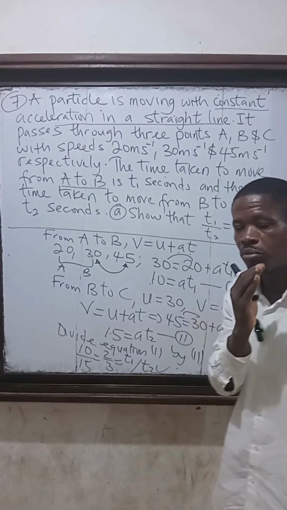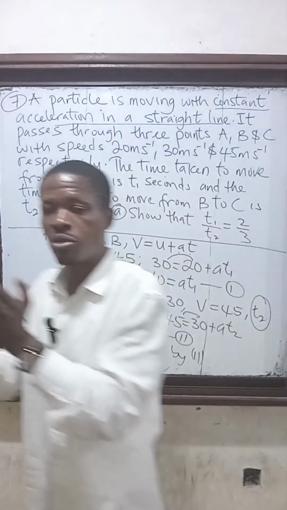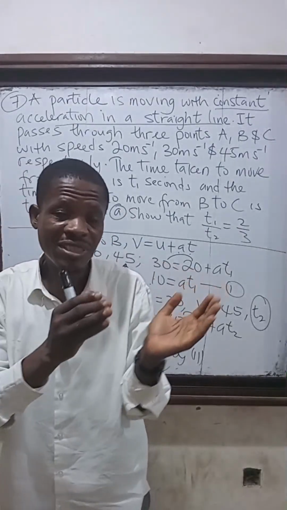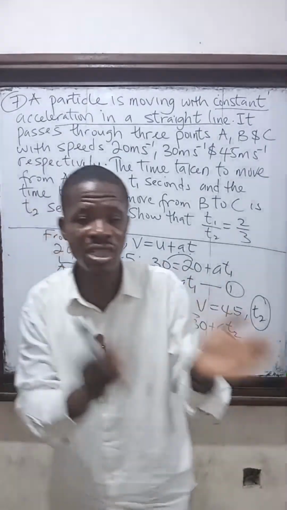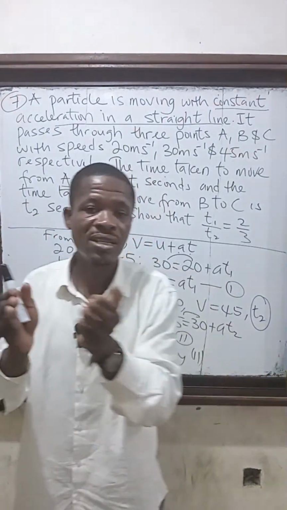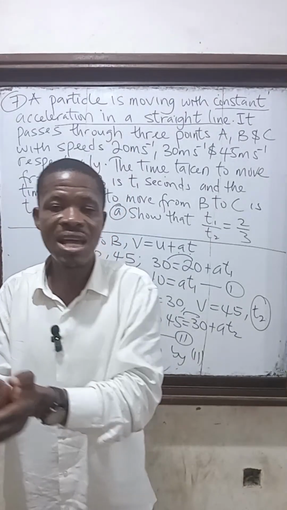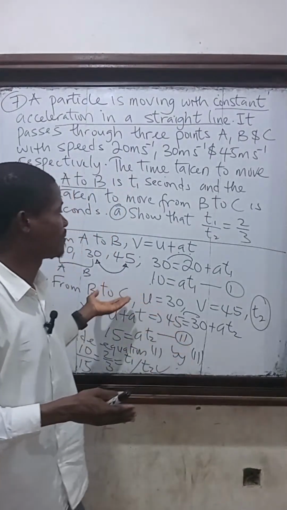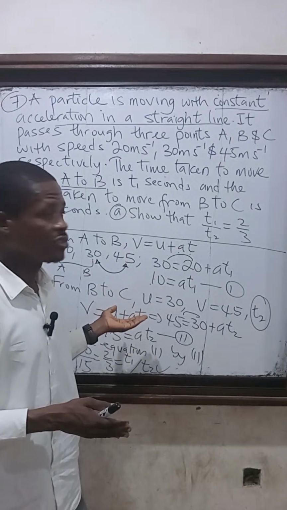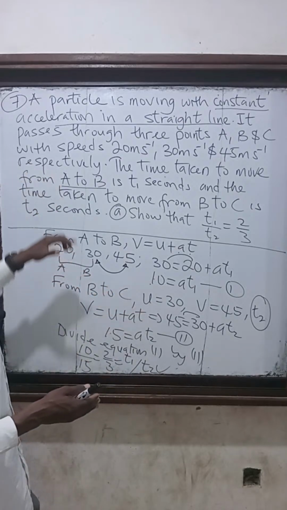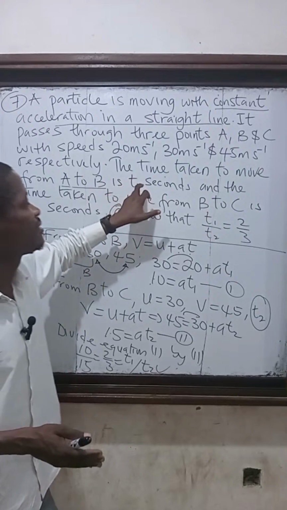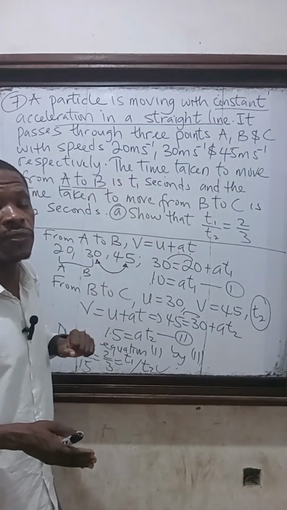We're given point A, point B, point C, and we have the respective value for the speed: 20 at point A, 30 at point B, and 45 at point C. We are told that from A to B, the time is T1.